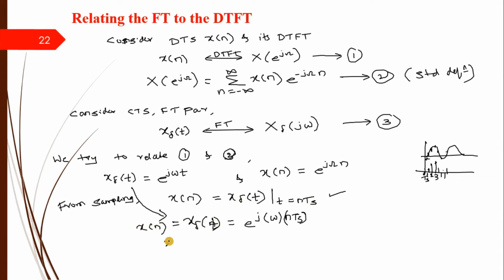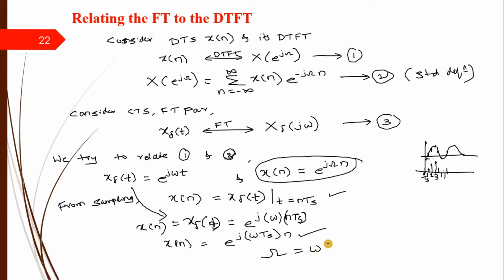With minor changes, I take this ts with omega and write n in this way. Now I compare this one and this one. If I compare these two, in place of omega in the discrete case, I have small omega ts. This is the important concept that I need to use now.